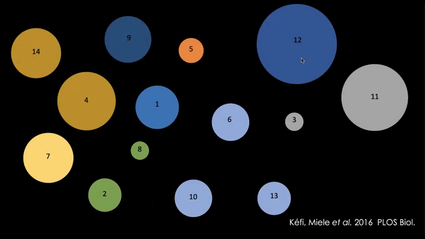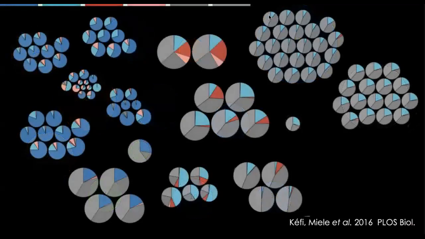But if I now go back to the species level, where each disk is a species and they're clustered in space by the cluster they belong to, the colors show their relative involvement in the different interaction types. Blue is feeding, red is facilitative interactions, and gray is competition. What you see visually is that the algorithm does a pretty good job at putting together species that are similar in terms of how much they interact in the three different layers of interaction.